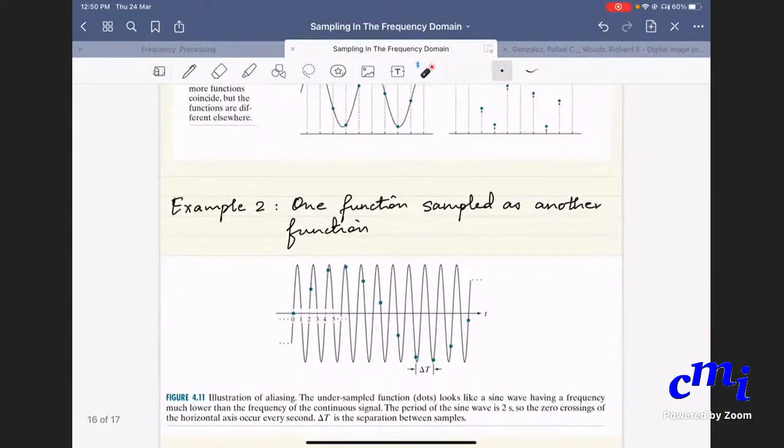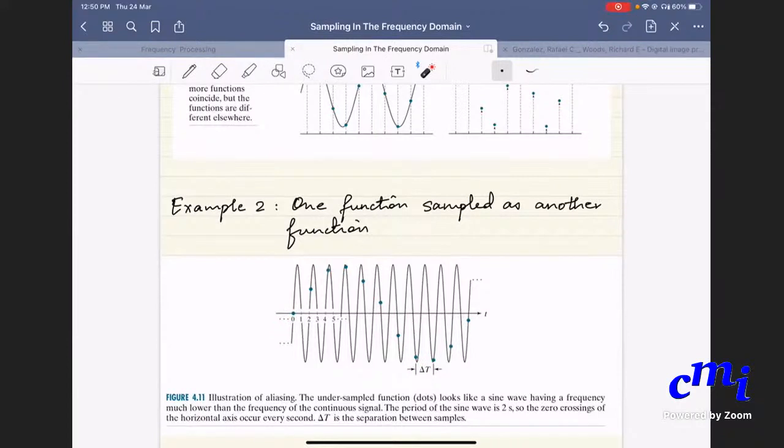Another way in which this can be interpreted is the following. Again, I'm looking at this original signal, and these are the sampled points. Look, the sampled points have a shape of their own. Just look at these dots, and they form a shape of their own. So if this was your sample, you might as well think the original function looks like this curve that I am tracing out with the pointer here.